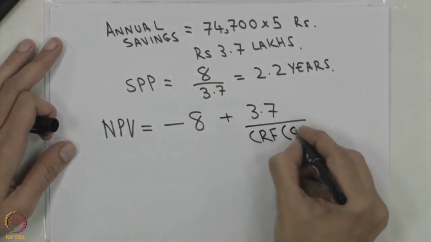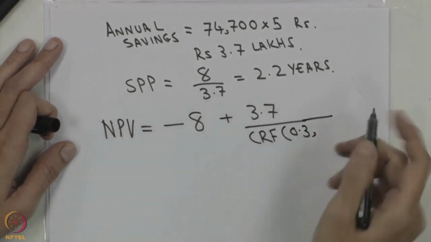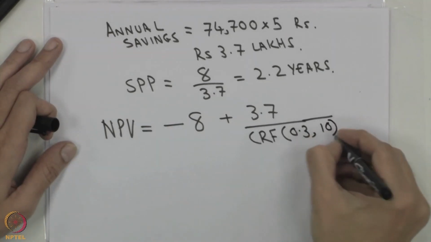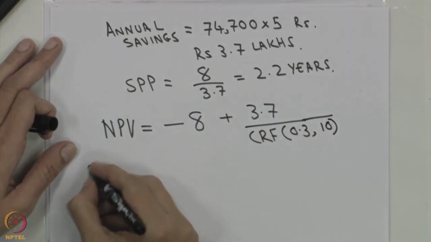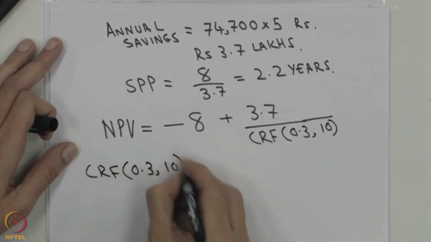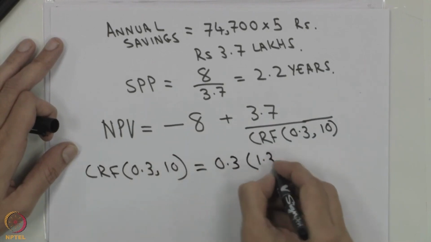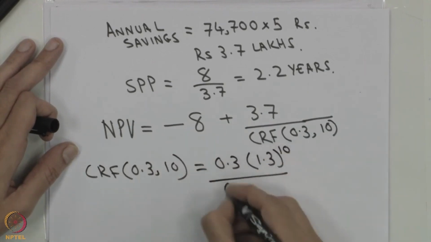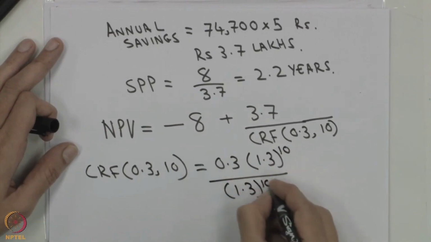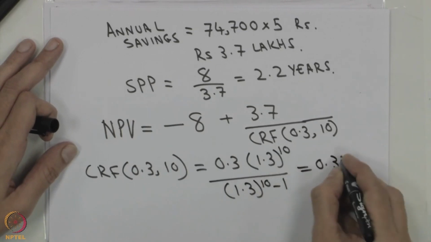Discount rate is 30%, 0.3, and the life is given to you as 10 years. So CRF 0.3, 10, let's calculate that, is 0.3 into 1.3 raised to 10 divided by 1.3 raised to 10 minus 1, it comes out to be 0.323.